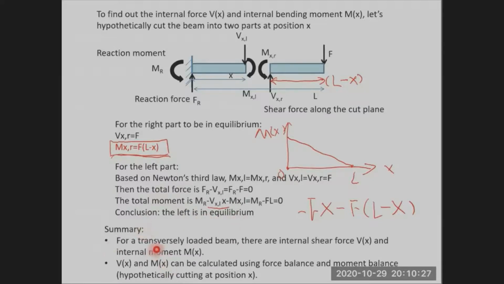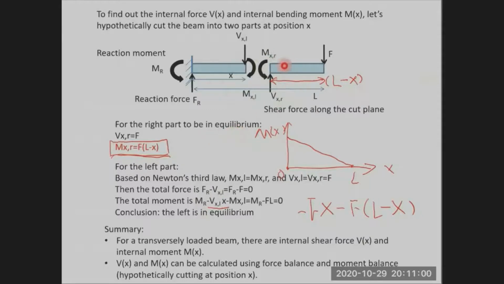Summary: for a transversely loaded beam, there are internal shear force Vx and internal moment Mx. Please note that we changed the symbol convention here. Previously we used VxL, VxR to represent the forces on the left plane and the right plane, and MxL, MxR to represent bending moments on the left and the right plane.